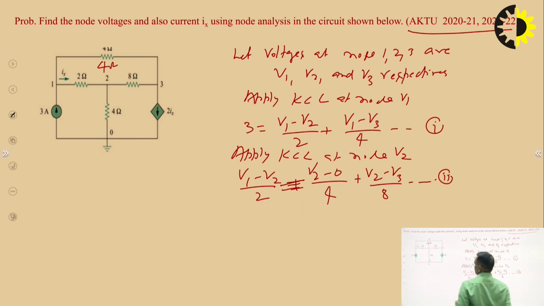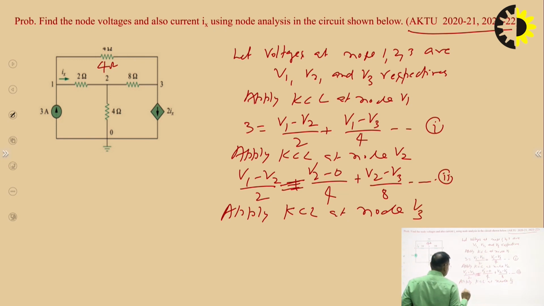Second equation. Apply Kirchhoff's current law at node 3, at node V3. How many elements are there? 1, 2, 3, again 3.